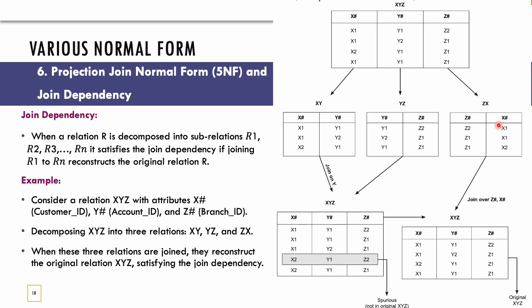If these three relations satisfy the join dependency, then we should be able to join them back together to reconstruct the original XYZ relation accurately, containing all original information without any loss or anomaly.